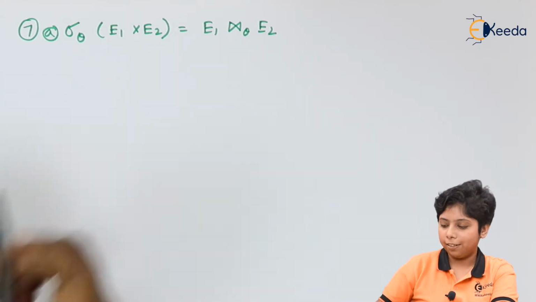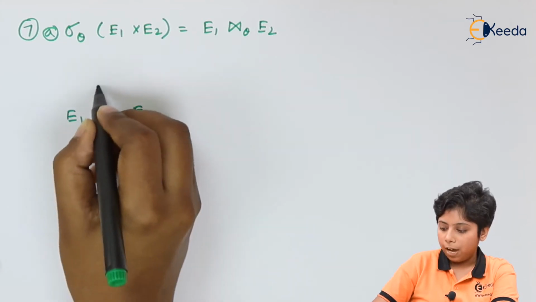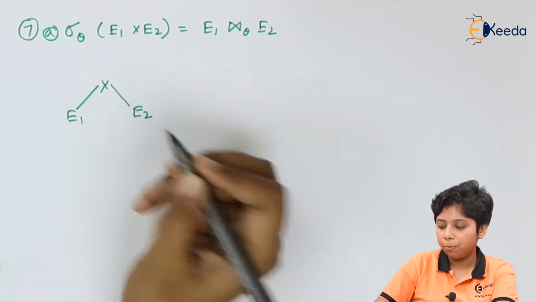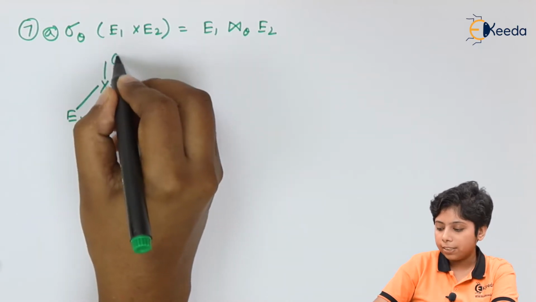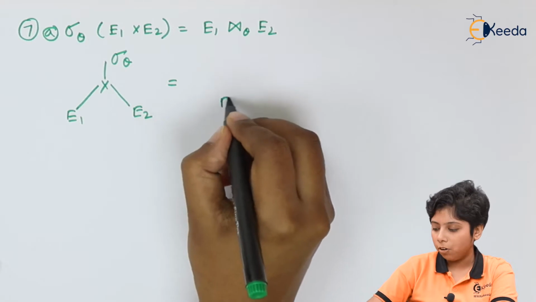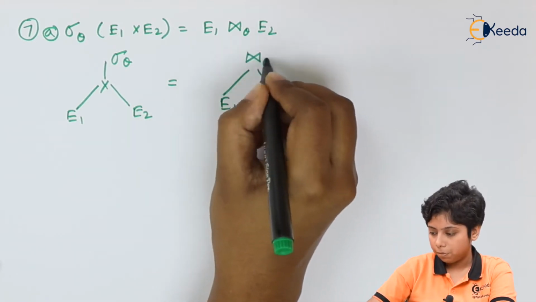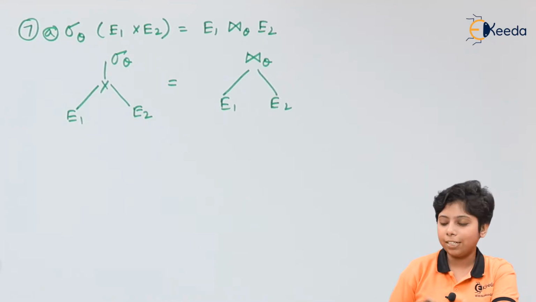So if there is E1 and E2 and we perform the Cartesian product on it, then we can select on this theta, which is equal to the joining of E1 and E2. So it is equivalent to theta joining on the Cartesian product.